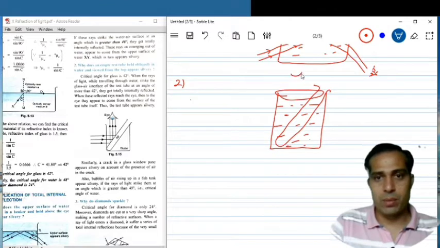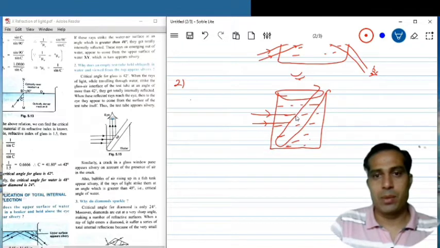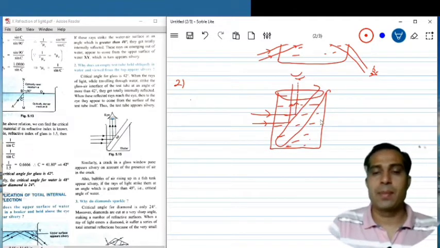If you see from here, from the top, then rays of light which are entering from this surface at normal angle will pass without any deviation, because they are passing normally, and at this surface it gets reflected. It will not refract inside, but it will get reflected, because the angle of incidence will be greater than the critical angle.